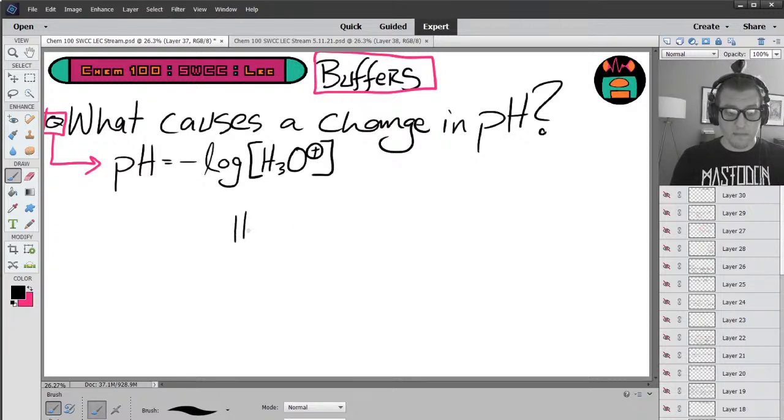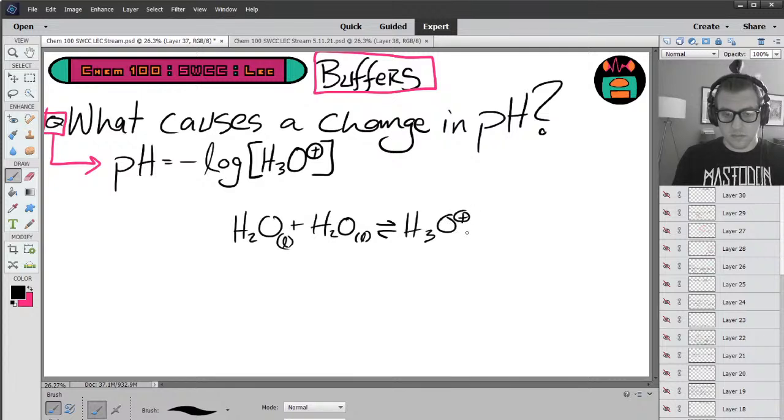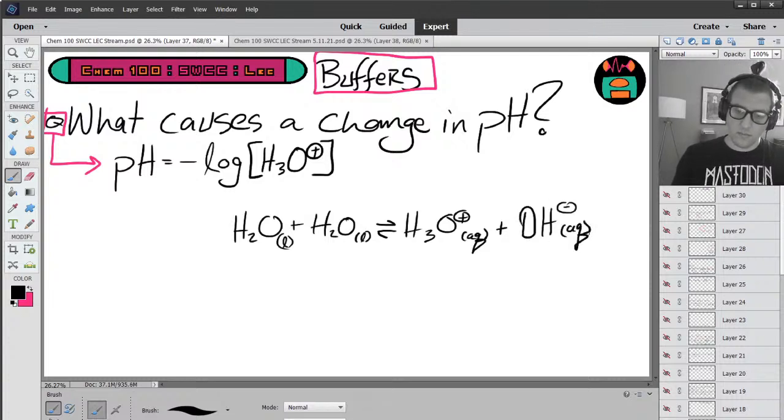And we know that there's two things that affect the concentration of hydronium. And that comes from the self-ionization of water. Right?